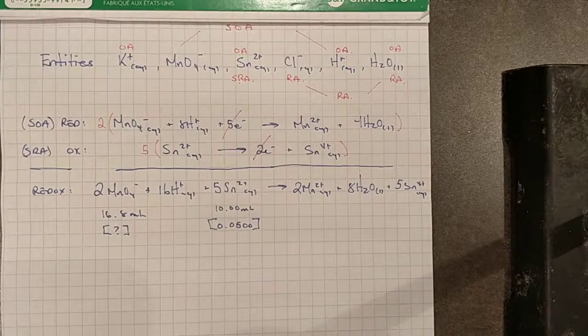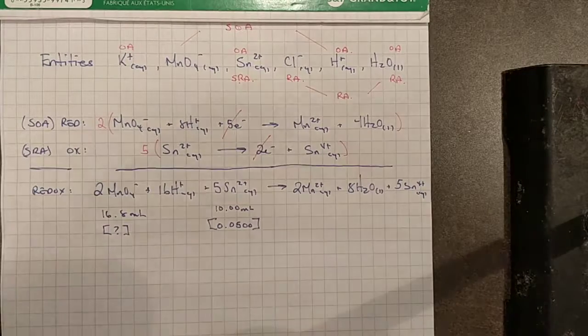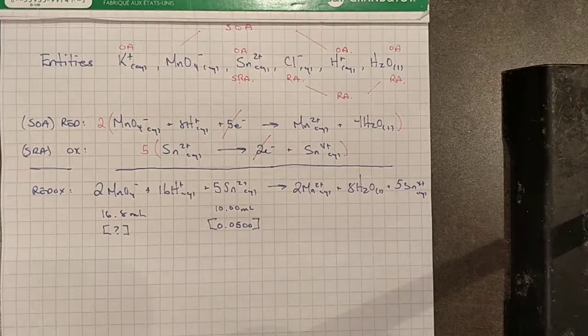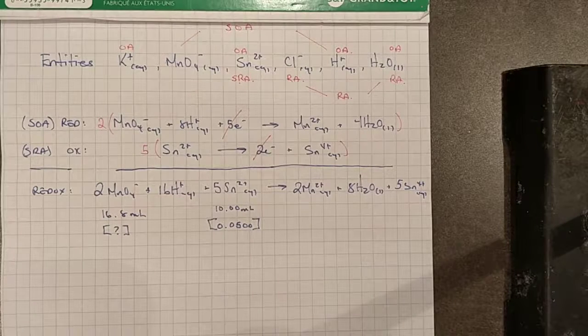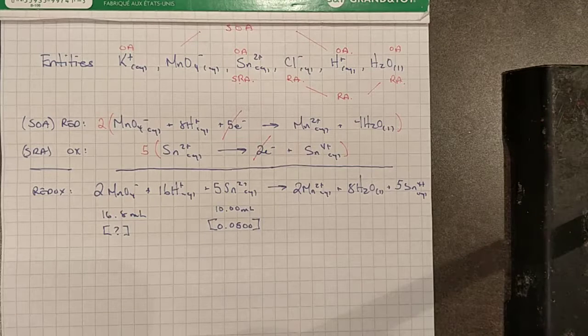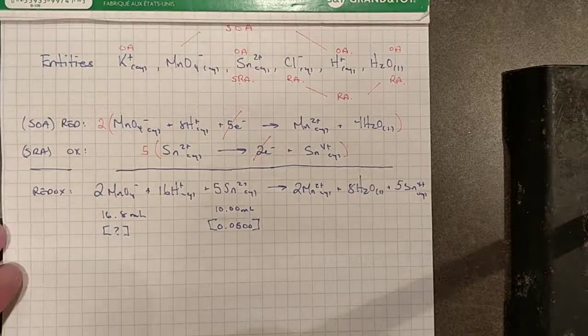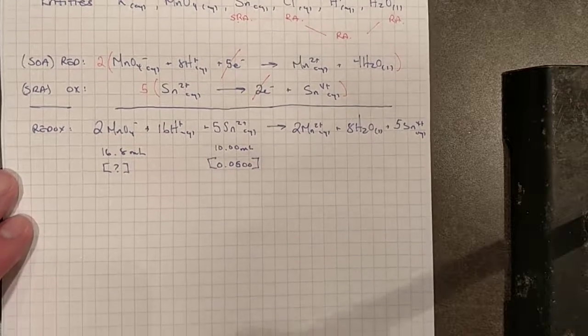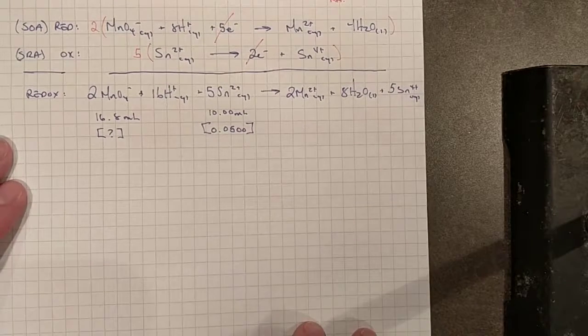So the only difference between this one and the last example was, one, we had a titration data table to infer a best average volume, and two, we're looking for a concentration rather than a mass. That's it.